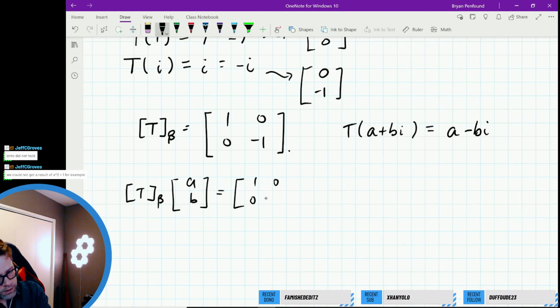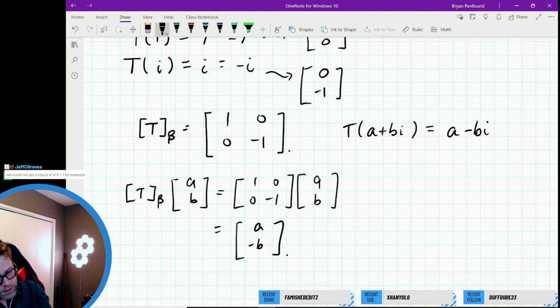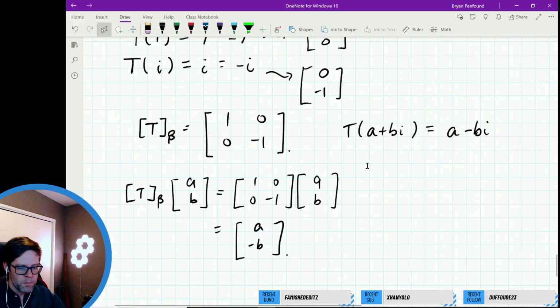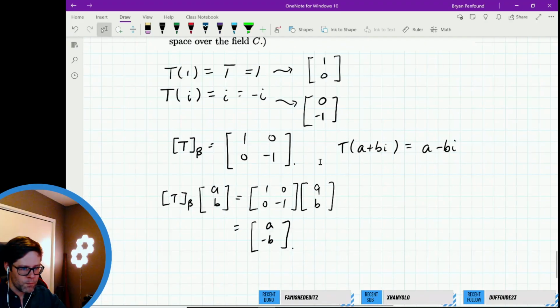So [1, 0; 0, -1] times (a, b). So I recapture a, but b gets negated, right? So that should come out to be the complex conjugate of what we inputted. Yeah, that seems okay to me.